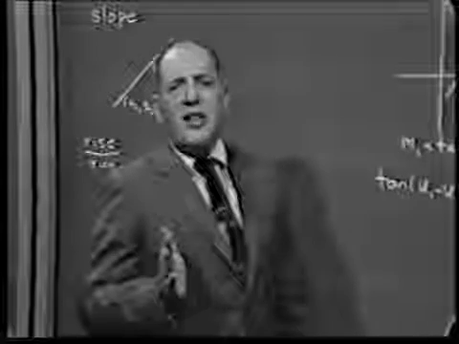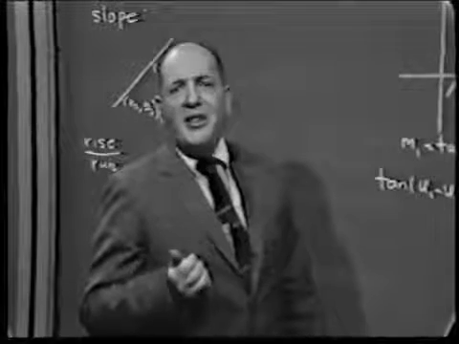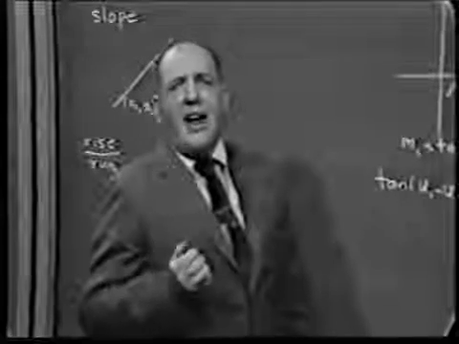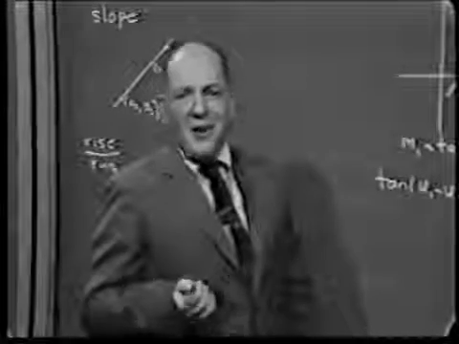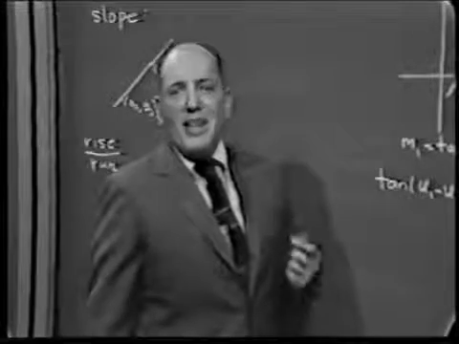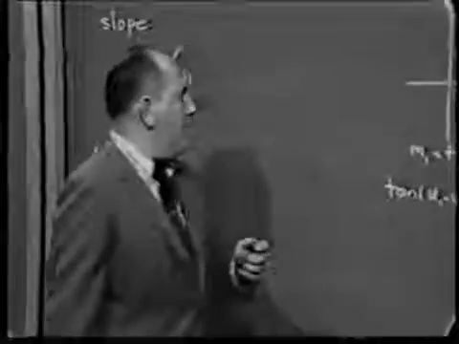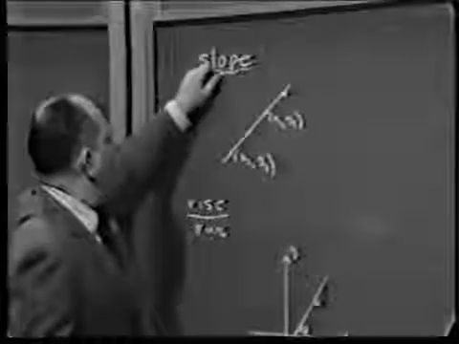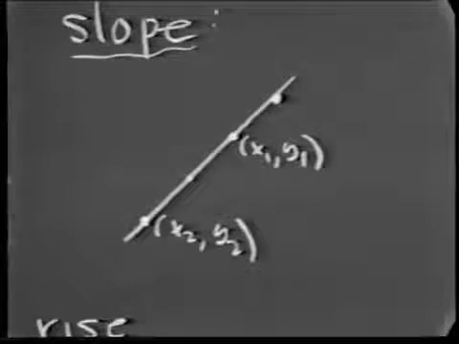In other words, shall you say that the line is very slanty? And if the answer to that is yes, how do you distinguish between slanty and very slanty? Steep and very steep and very, very steep. We need something more objective. And the way we get around this is as follows. Given a line, we define the slope as follows. We pick any 2 points on the line.